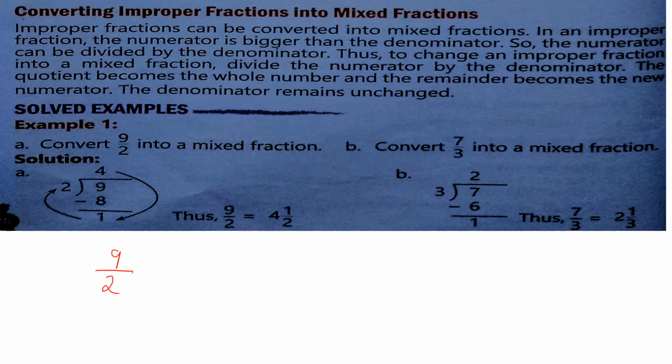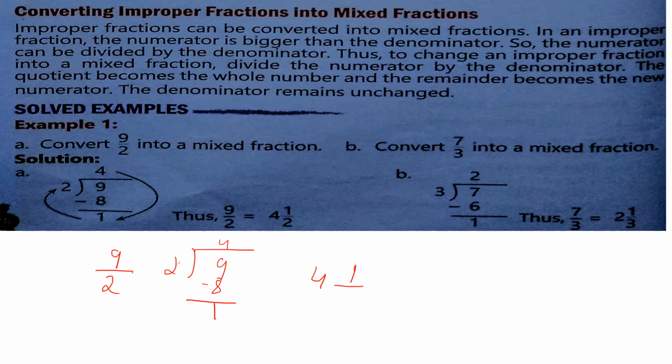By dividing. 2 fours are 8, and 9 minus 8 is 1.